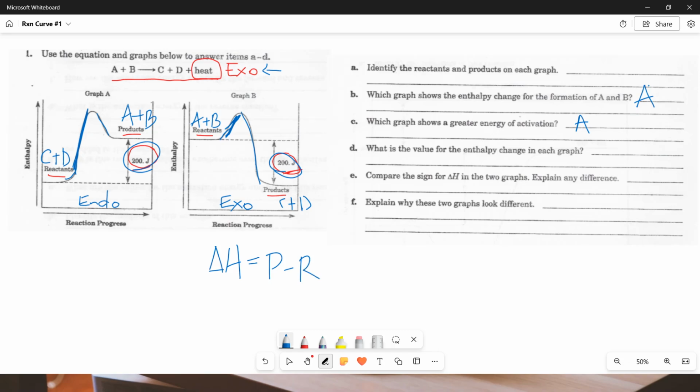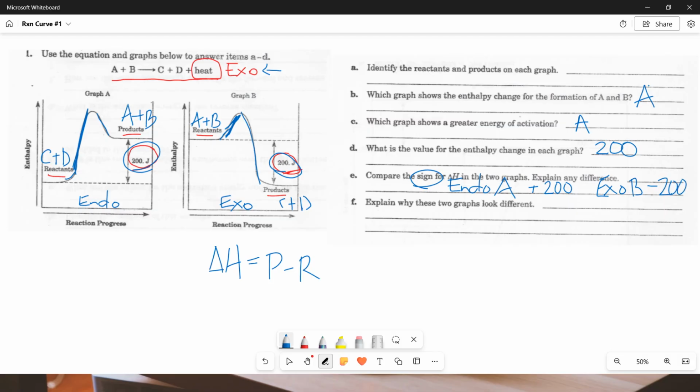And if we look here, the distance between the products and the reactants is going to be 200. Now, the sign in an endothermic reaction, which would be graph A, is going to be a positive 200. And in graph B, which is exothermic, it's going to be a negative 200.